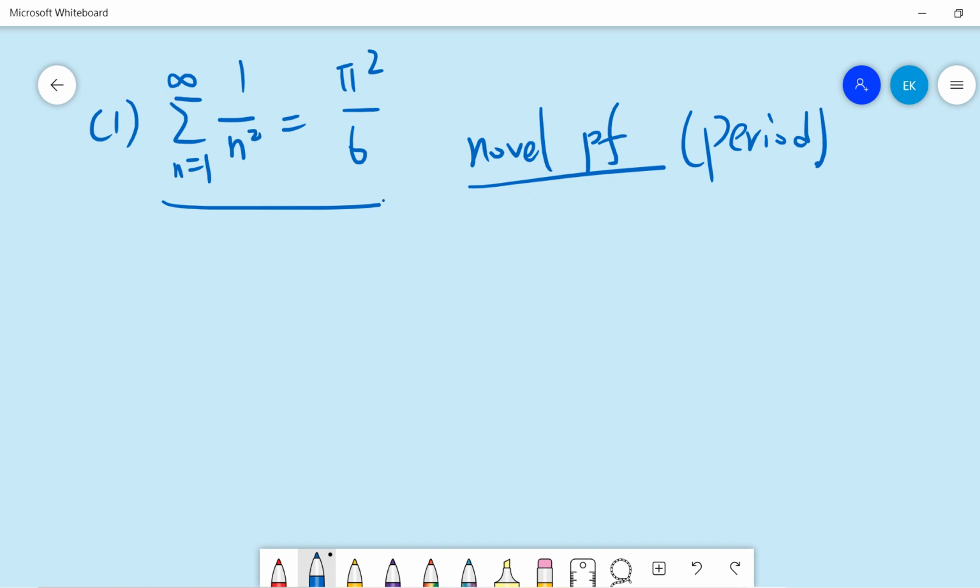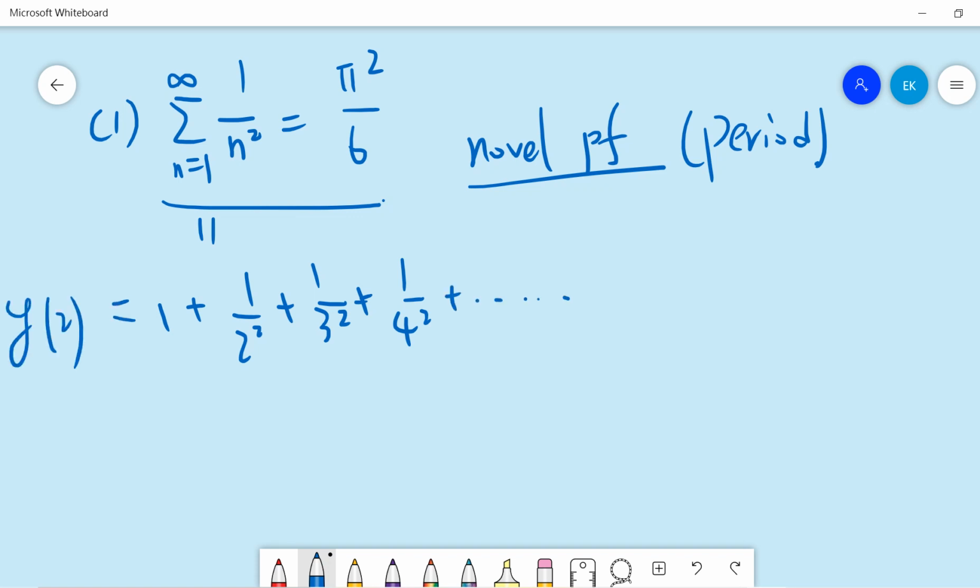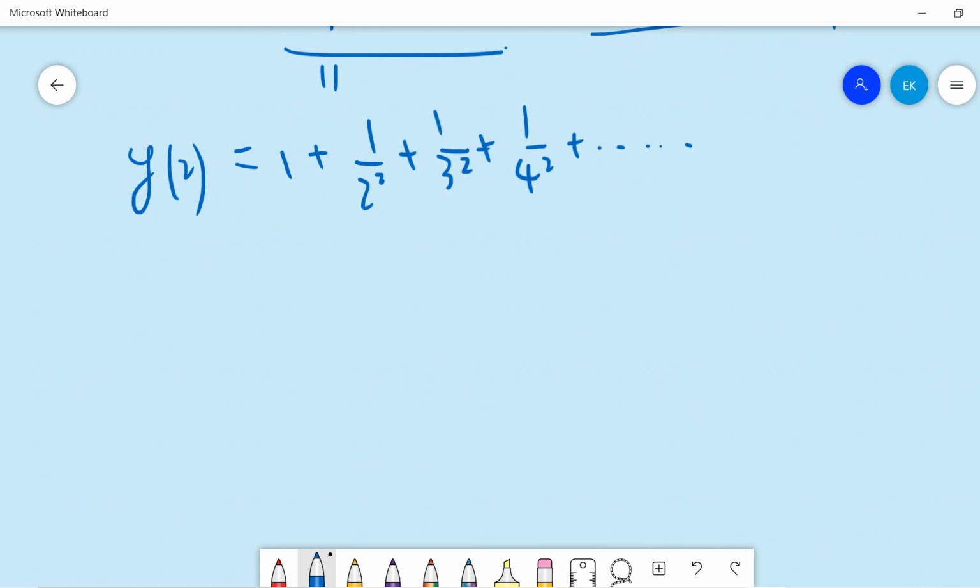So the standard operation is like this: 1 plus 1 over 2 squared, 1 over 3 squared, 1 over 4 squared. So this is zeta 2. Okay, so I can multiply this by 1 minus 1 over 4.